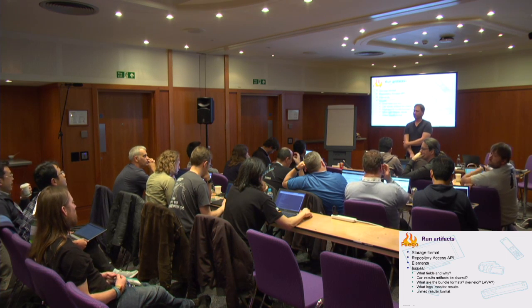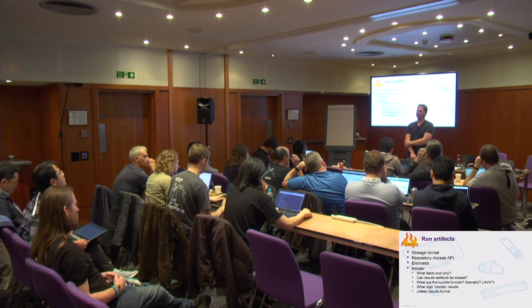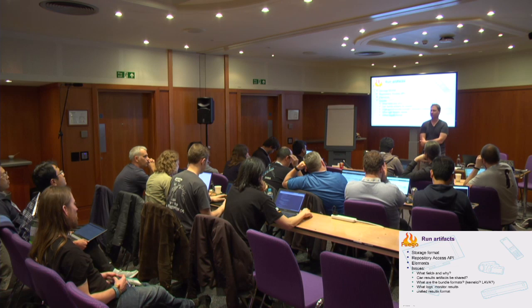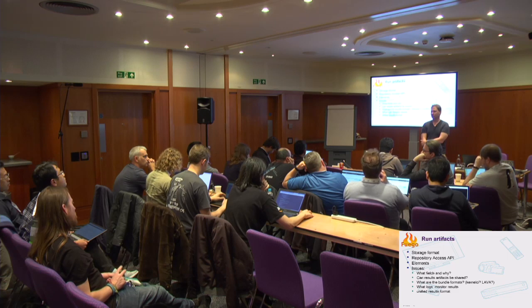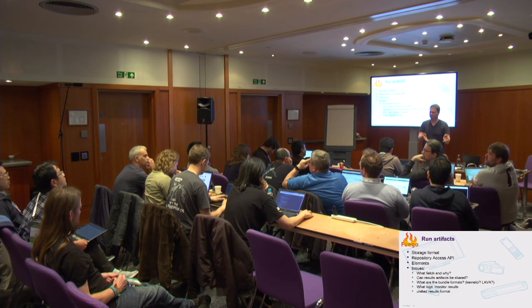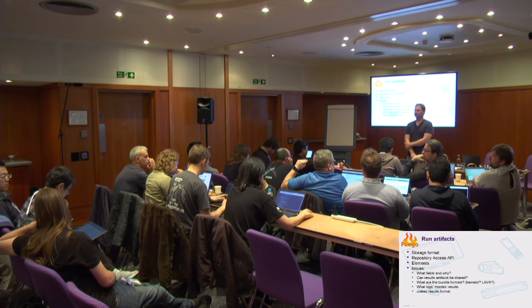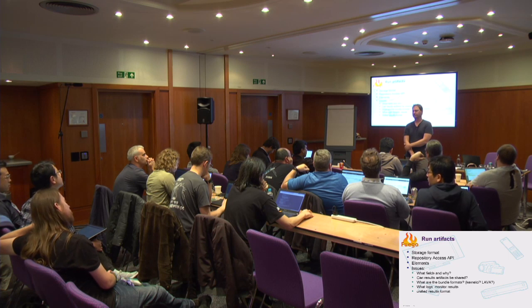If you use Lava test shell, you can have results stored in Lava's database. But if you actually want to extract them from Lava and put them into some other tooling, you don't really need Lava test shell. You would still need this standard format that you could post-process and digest into your database. Lava gives you the results in the API, so then you just put it into the format using the API.